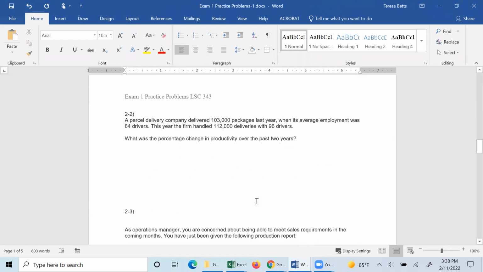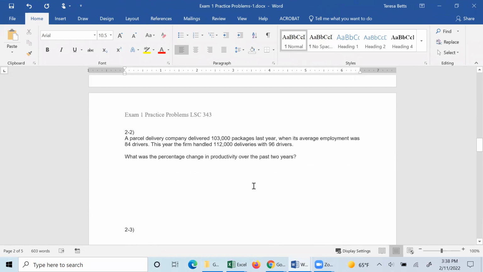All right. So the second set of questions we want to hit here is a parcel delivery company delivered 103,000 packages last year when its average employment was 84 drivers. This year, the firm handled 112,000 deliveries with 96 drivers. What was the percentage change in productivity over the last 2 years?